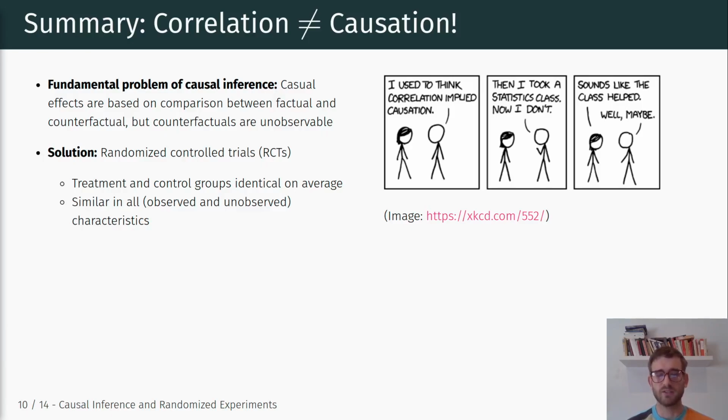One of the solutions that we talked about is randomized controlled trials, or randomized experiments, where by virtue of randomization we ensure that the treatment and control groups are identical on average, and that means that they are similar in all observed and unobserved characteristics.